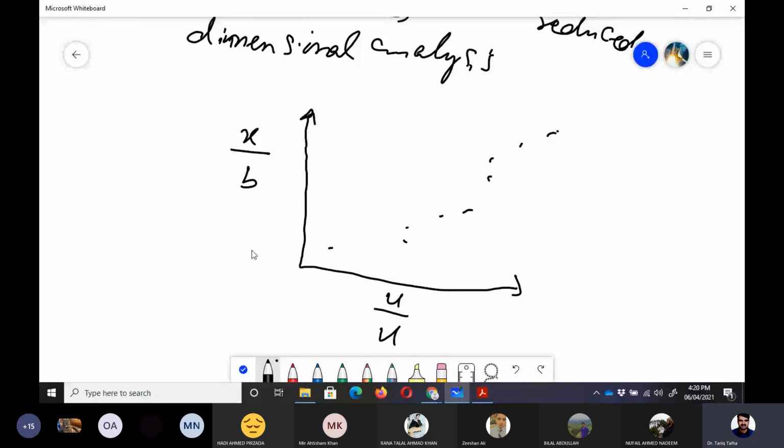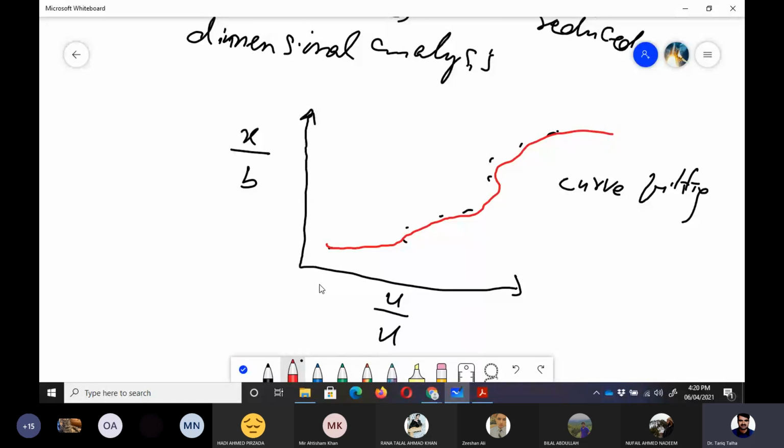So we need to do curve fitting, because once we do that, we can see what the variation looks like, whether it is quadratic, exponential, Gaussian, or whatever distribution is the best fit, so that we can come up with some empirical correlation.